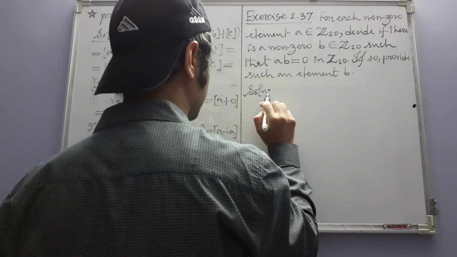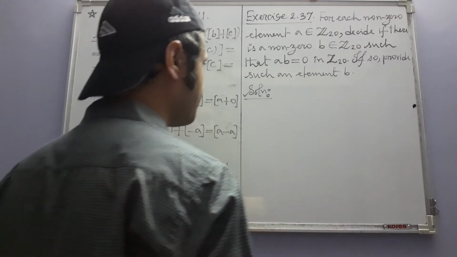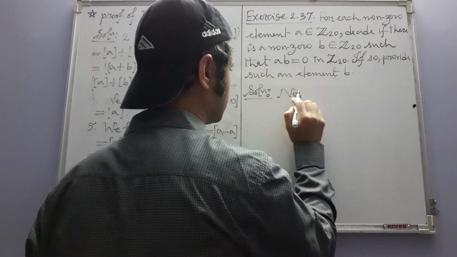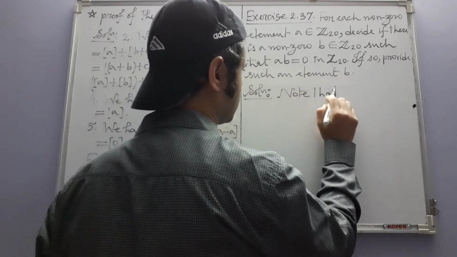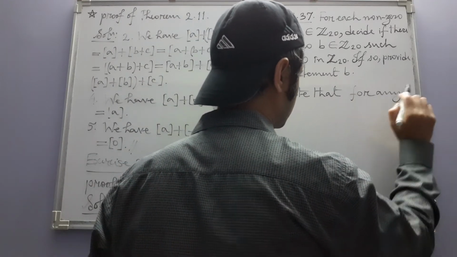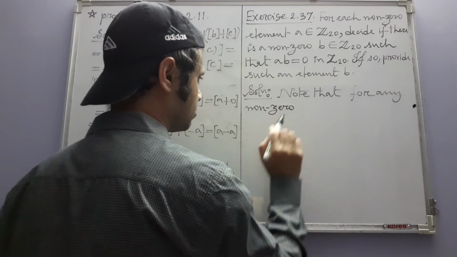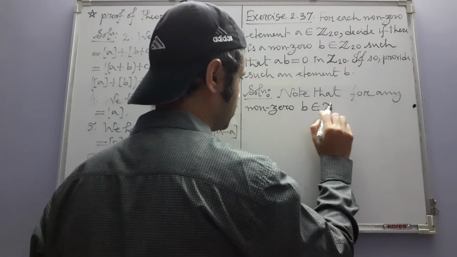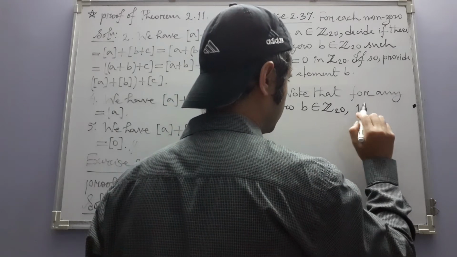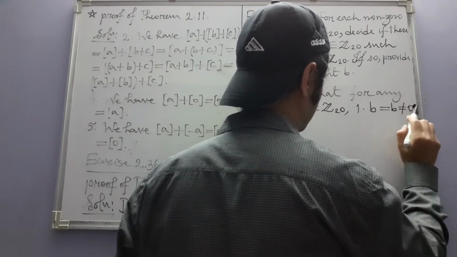So this is just a matter of calculations, and it's just this. Note that for any non-zero element B in C20, 1 times B is equal to B, that is not equal to 0.